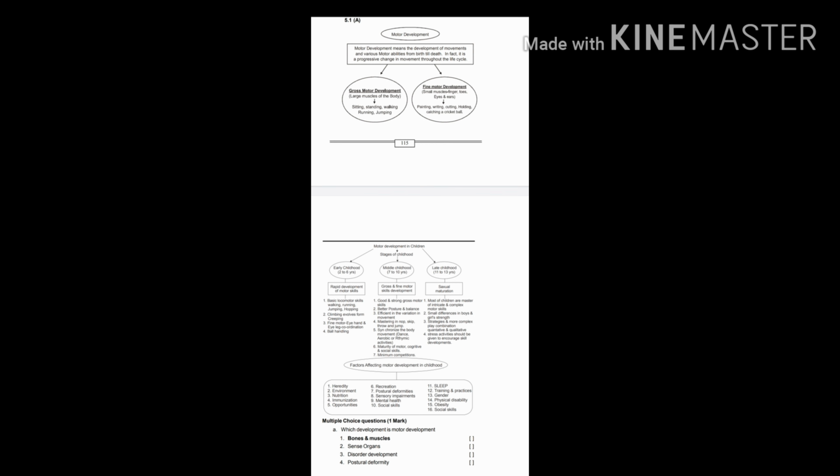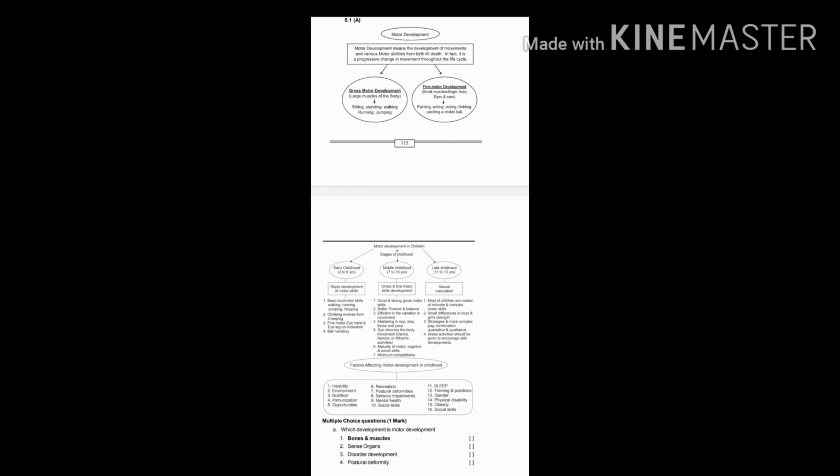In simple words, motor development means the development of various motor abilities from birth till death. That means your motor development will continue from birth till death.